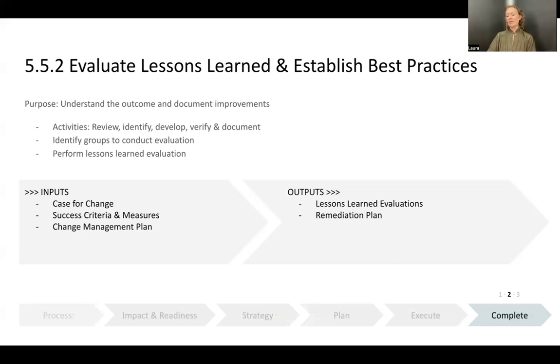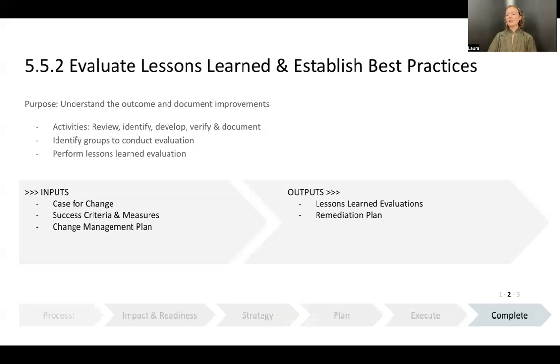Undertaking an evaluation of lessons learned reinforces the commitment of the team to continue sustaining the success of the change. It also enables two-way feedback regarding how the change has been embedded and future improvements for the change leads and organization.